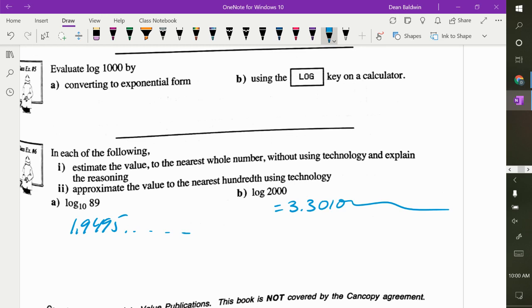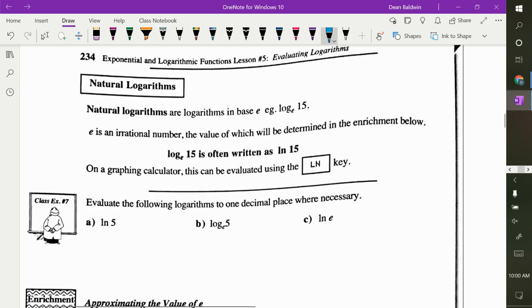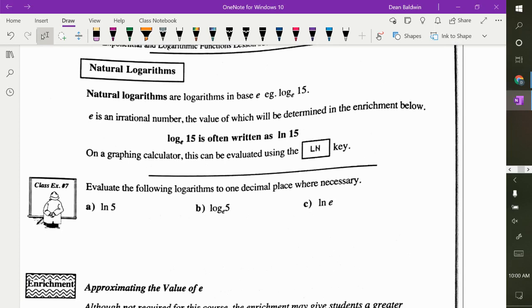So if no base is written, they mean base 10. That's the LOG button on your calculator. Now, if you go to the next page, there is another common base that is called the natural log, and it is base E. Does anybody know what E is?